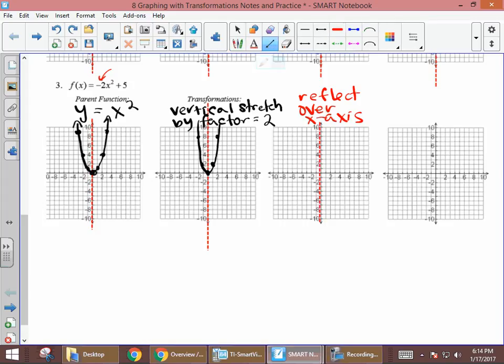Same axis of symmetry. I have not moved this left or right at all. So 0, 0 stays. But now instead of going up, it's going to go down. So I'm going to go down 2. And then down 8.